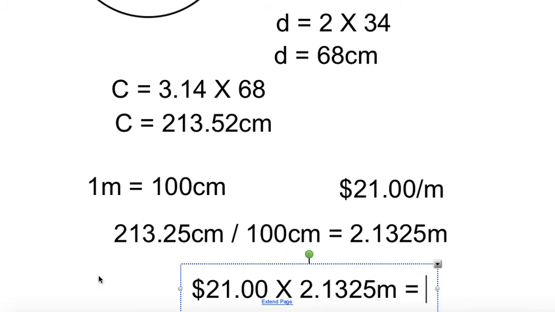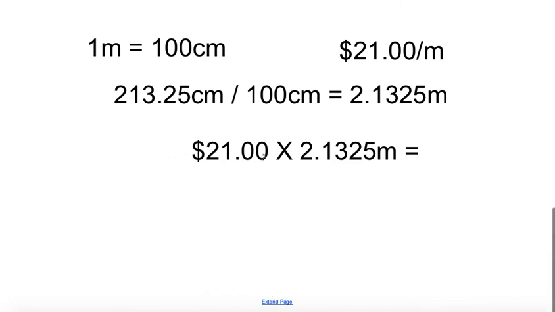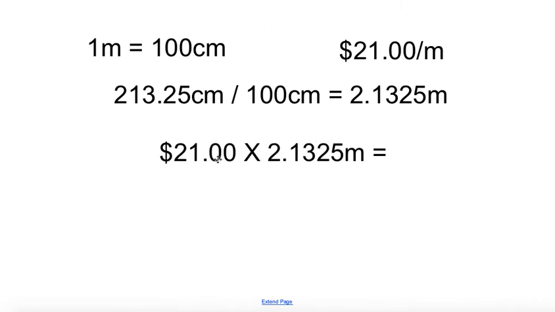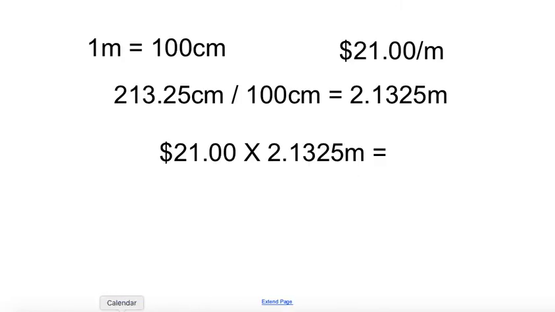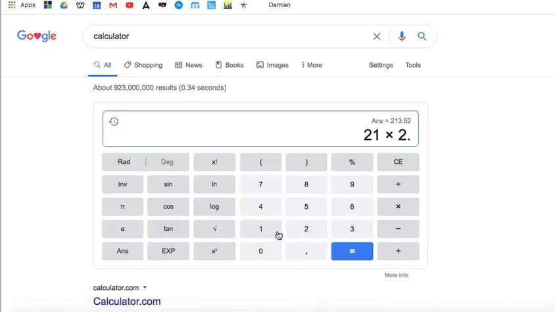That's going to give me the cost of trying to make this new ring. 21 times 2.1325. I have to calculate that one. 21 times 2.1325 equals 44.7825.